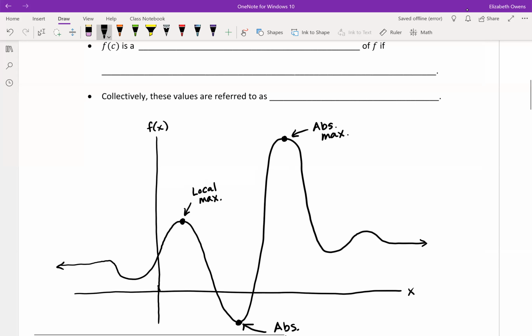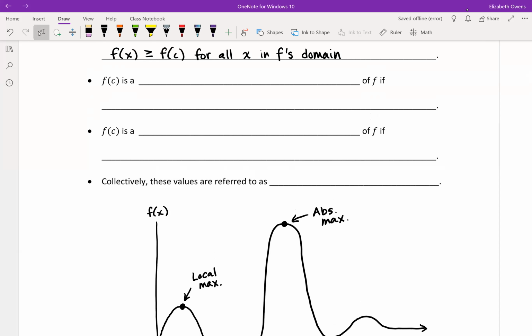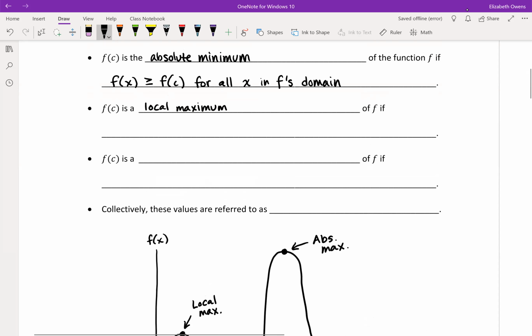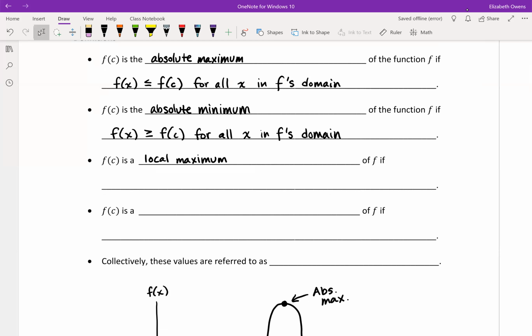Okay, so we would say that f of c is a local maximum of our function f if we take the same idea from maximums: your f of x values in general are less than or equal to this local maximum f of c value.